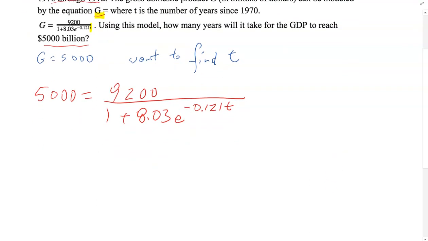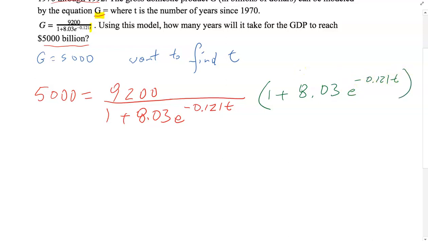We're going to use some algebra to rearrange this so that eventually we have t alone on one side. To clear this denominator, just multiply everything by the denominator here, which is 1 plus 8.03 e to the negative 0.121 t.